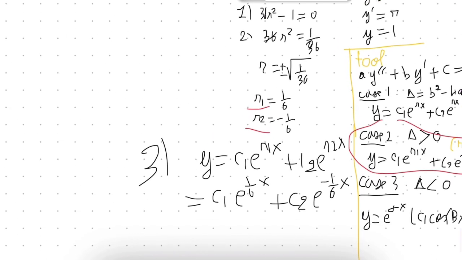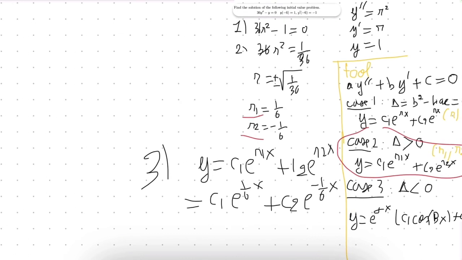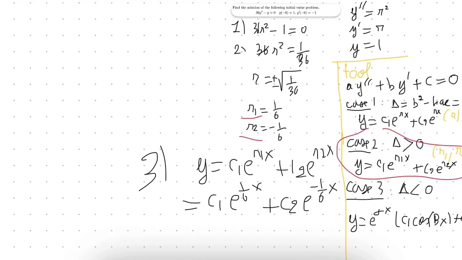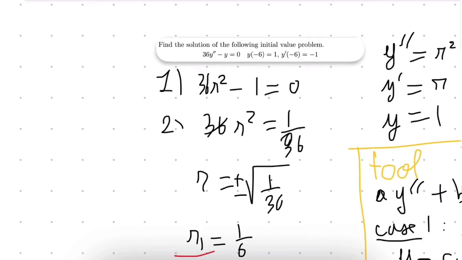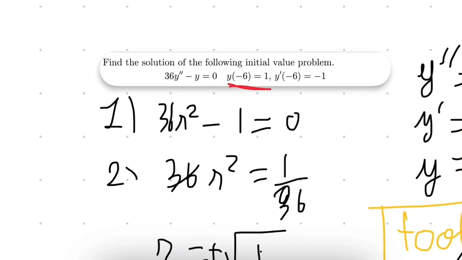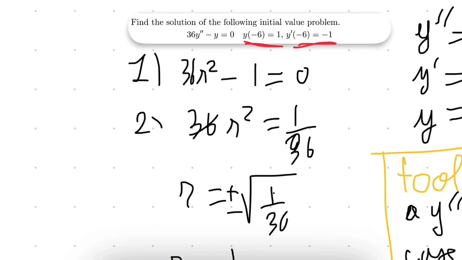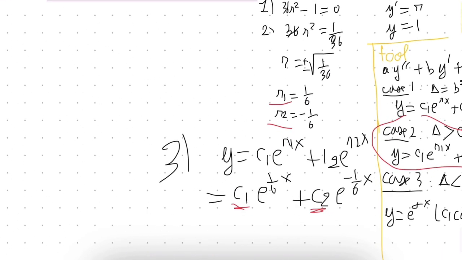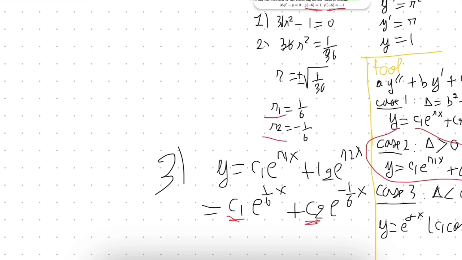Now that we found y, we still do not have the final form of y because we don't know C1 and C2. So as the next step, we're going to find C1 and C2. How do we do that? We have this information here that is really valuable to find C1 and C2. They said that y of minus 6 equals 1.